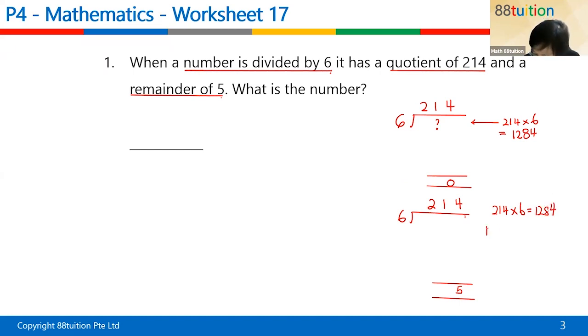And with the remainder, I use 1284 to add it back to get 1289. So this value will be 1289. Do you get this correct?